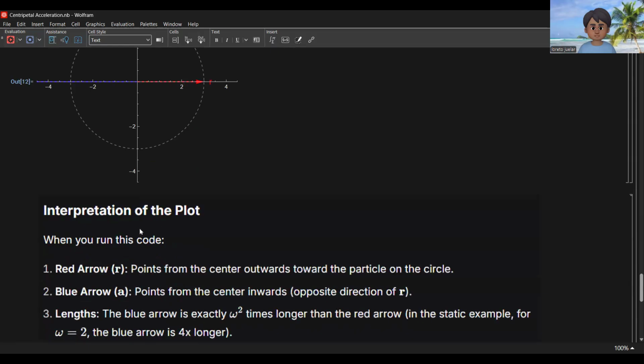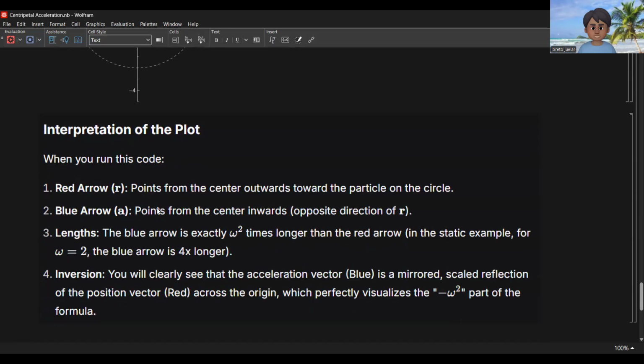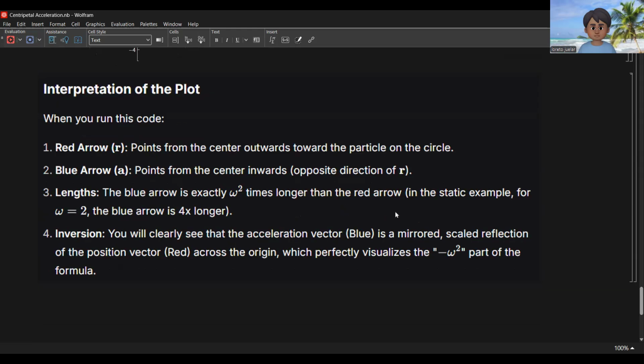Interpretation of the plot: when you run this code, the red arrow points from the center outwards towards the particle on the circle. The blue arrow points from the center inwards, opposite the direction of r. The length of the blue arrow is exactly the square of the angular velocity times longer than the red arrow.